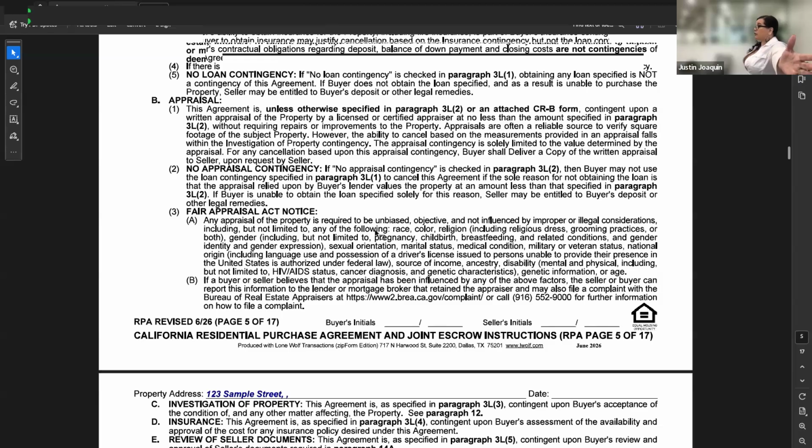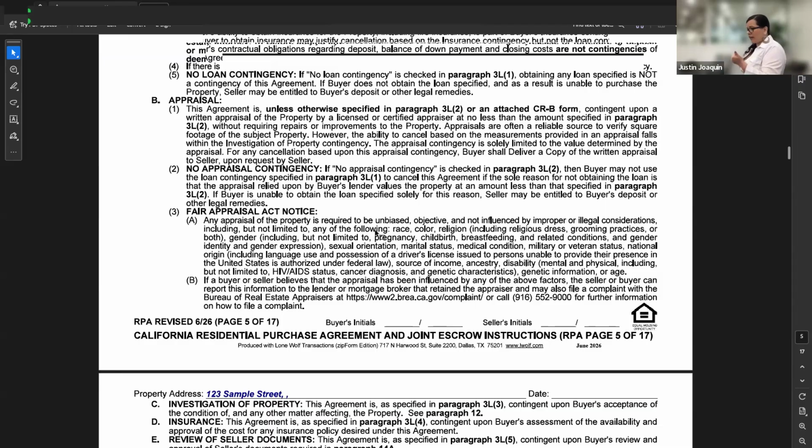So even if it's at value, but it needs A, B, C, and D repairs, the buyer doesn't have to remove the appraisal contingency until you know who's going to make those repairs, because the contingency says it's without requiring those repairs. It came in at value, but who's going to do the chipping paint?